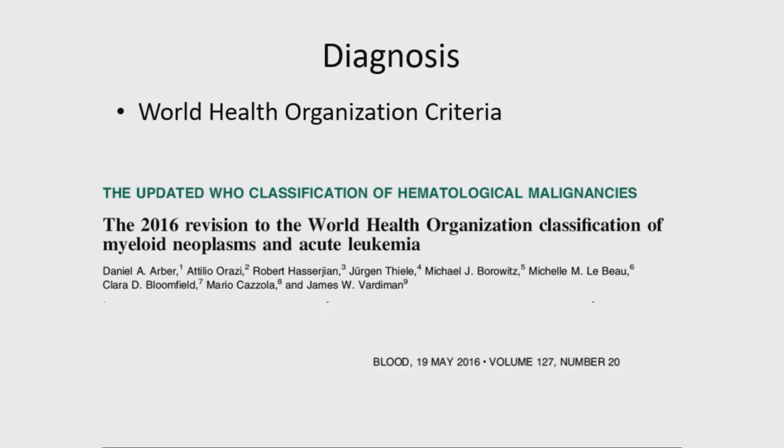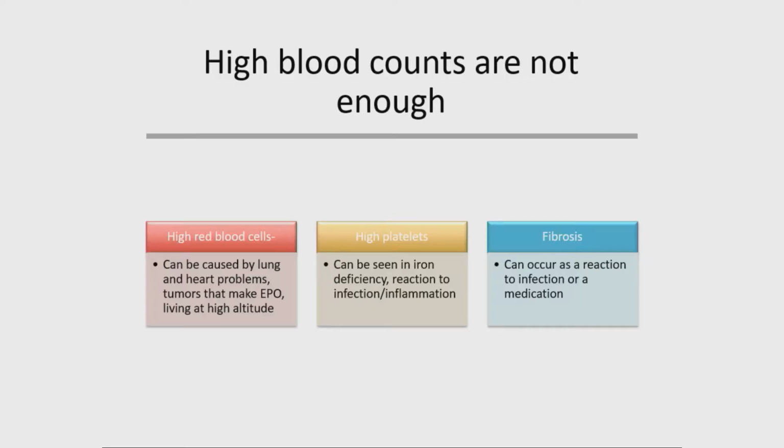So how do we make a diagnosis? We follow the World Health Organization, and it was updated in 2016 to make sure that patients meet all of the criteria, because like I said, having high blood counts is not enough. So there's many other reasons for patients to have high blood counts. For example, patients can have high red blood cell counts if they are taking supplements that have androgens, like testosterone.